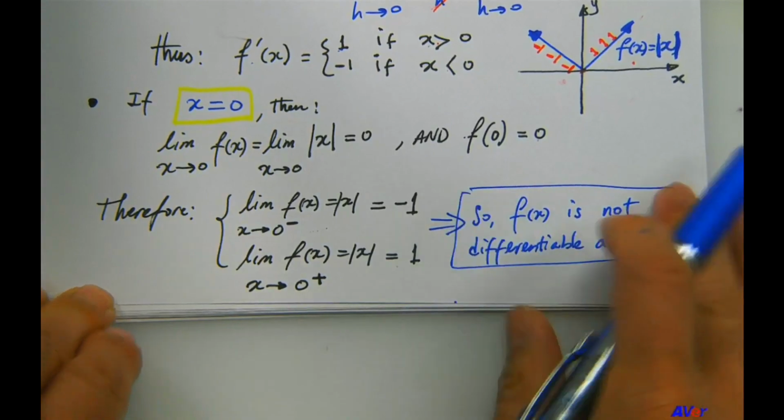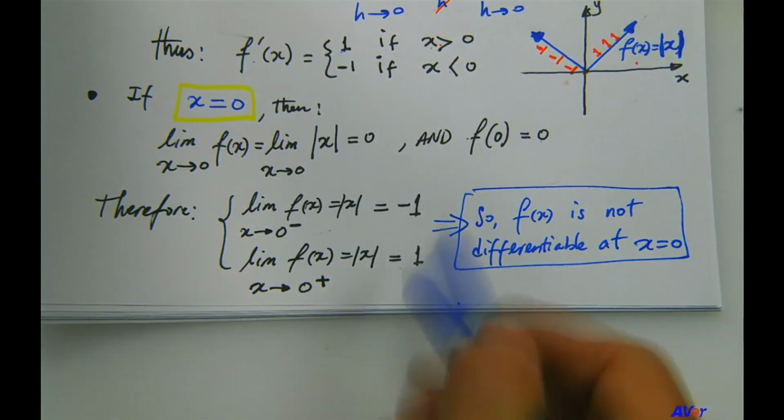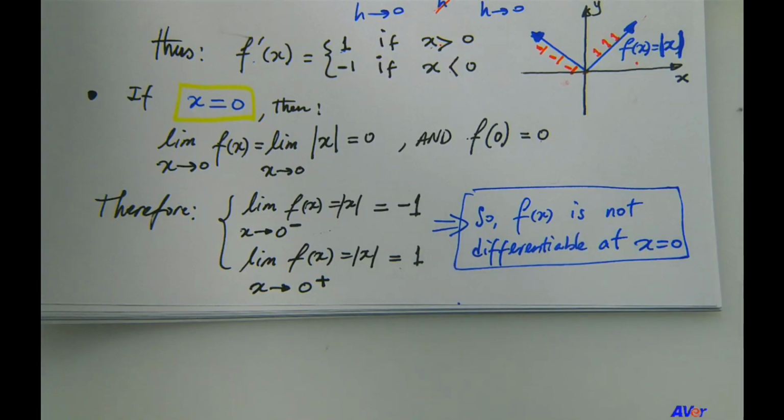Why is this important? Because it says that if you find the limits from the left and right, and they're different values, then the function is not differentiable, or does not have a derivative, at that value. That's the important result we just arrived at with this simple example.